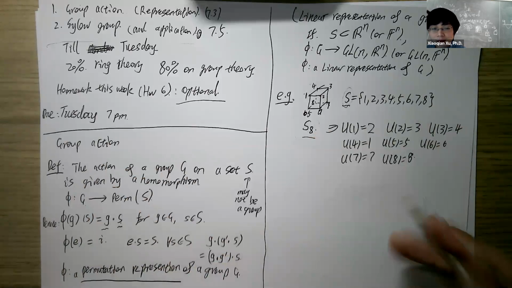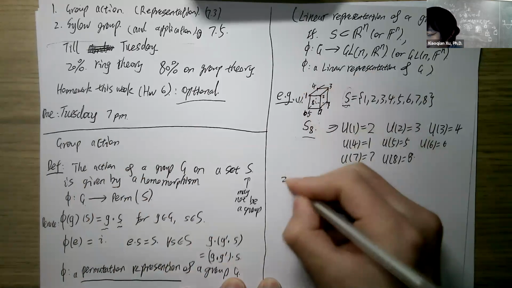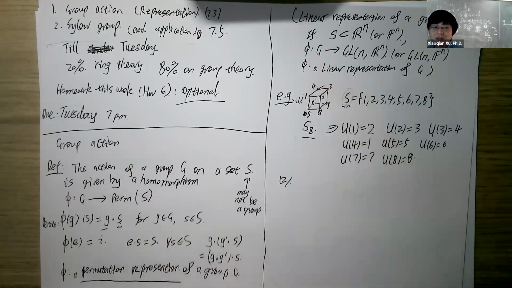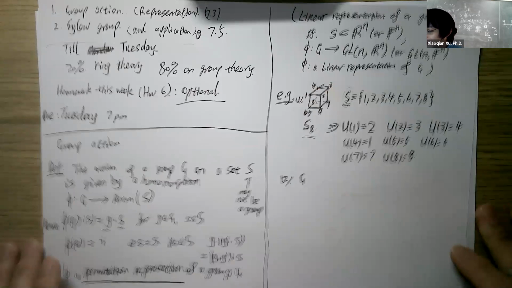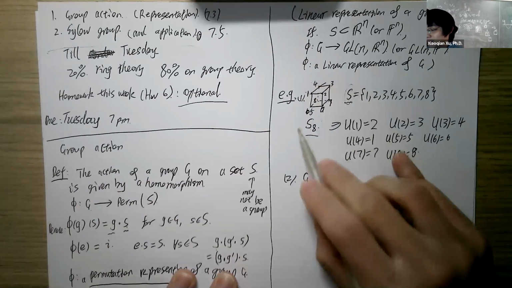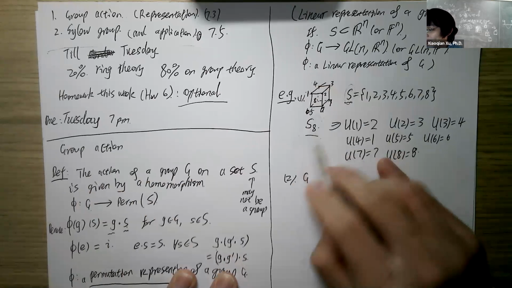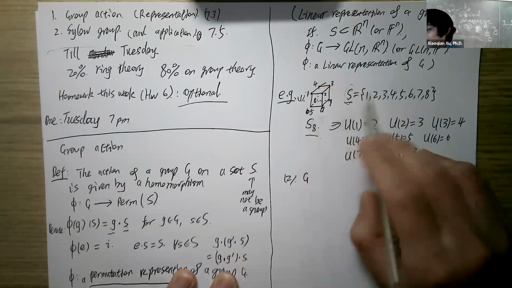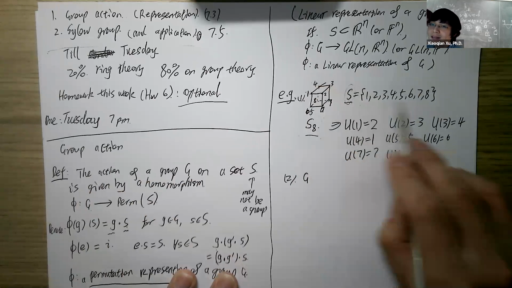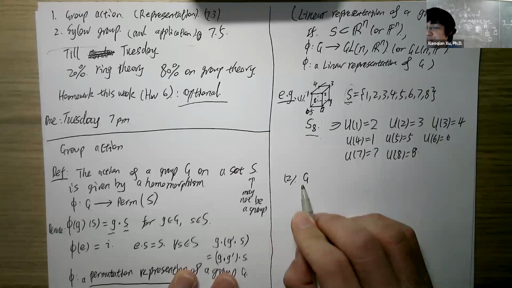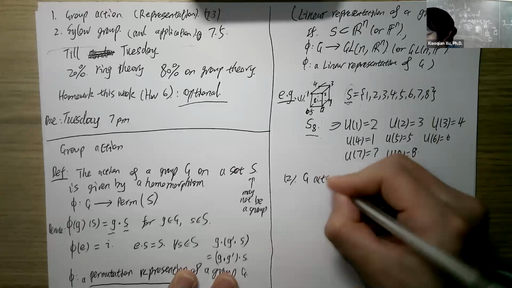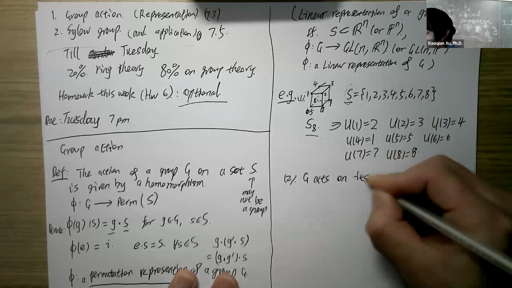Okay, and another example is, well, of course you can use a group G, maybe a subgroup, maybe the whole group, acting on the set of 8 letters or 8 numbers. Of course, you can also use a group G that acts on itself.